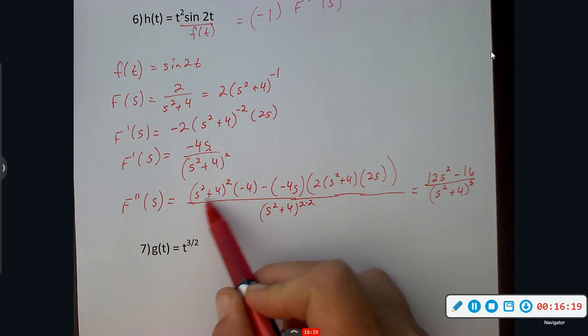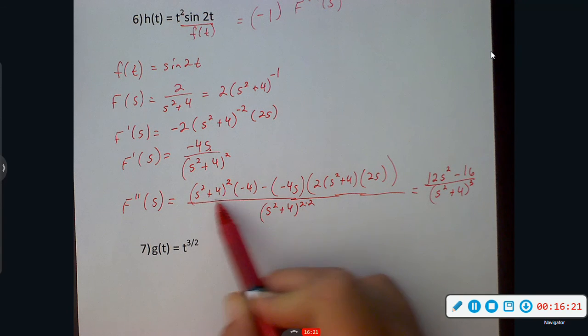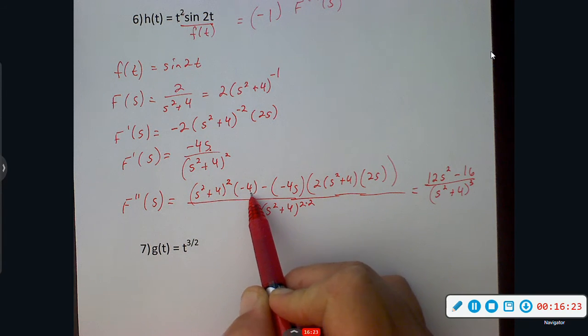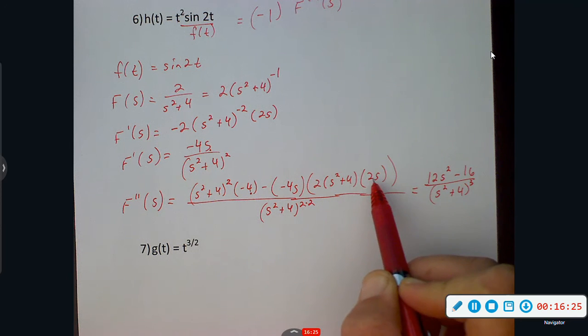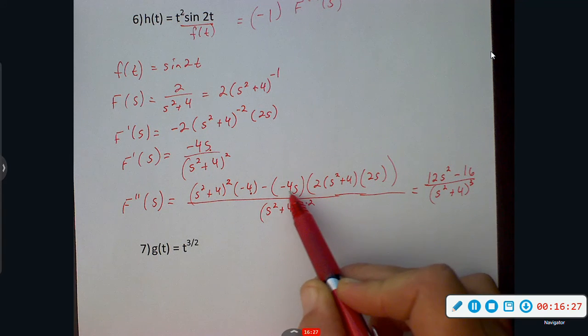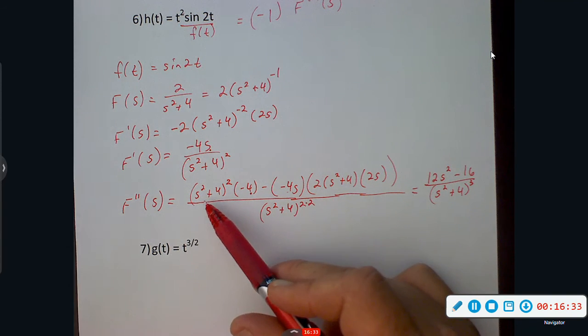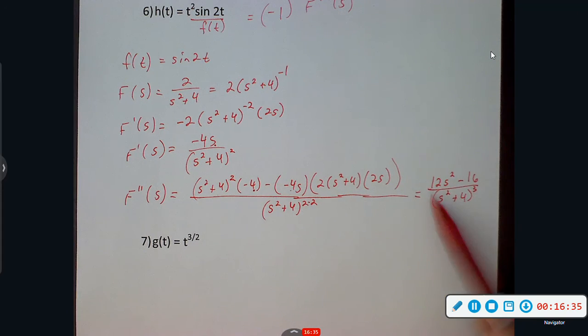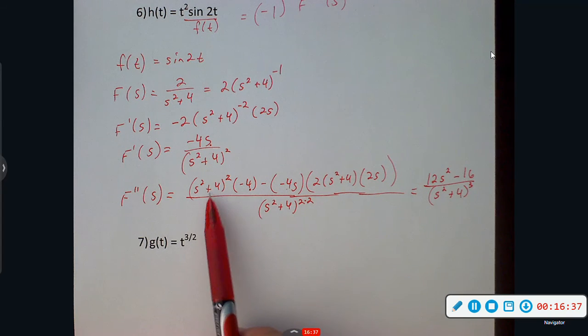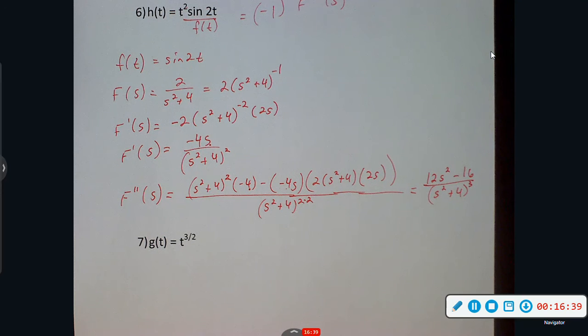Since this s squared plus 4 term went down to 1, I multiplied it in with negative 4. I have a 16 s squared here, which made 12 with the 4s squared. So you can check on that, but I did factor out an s squared plus 4 and then combine terms.